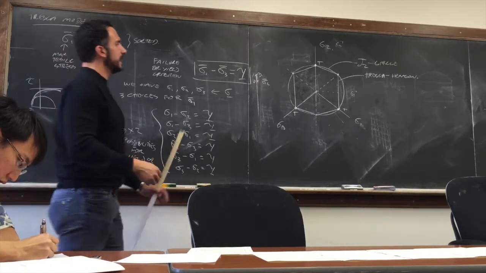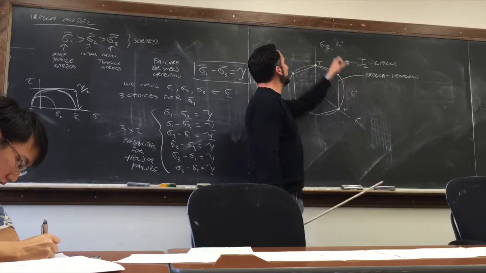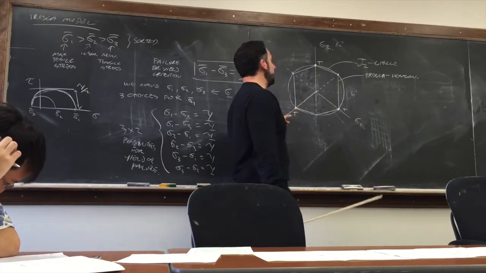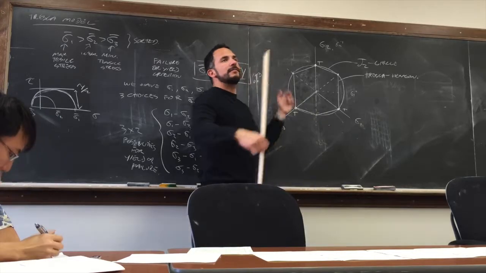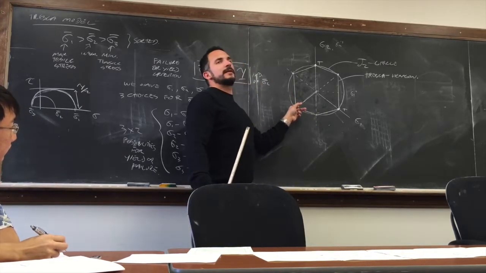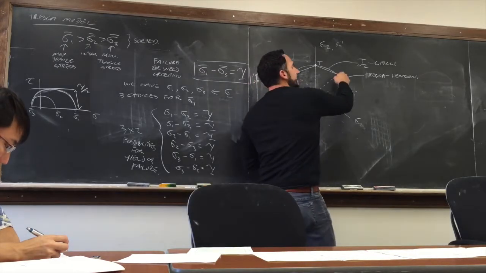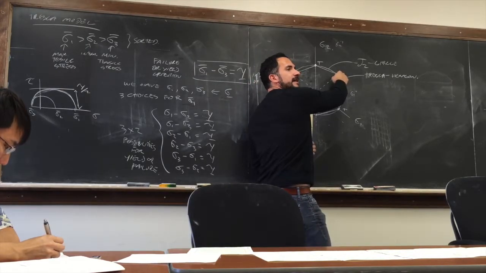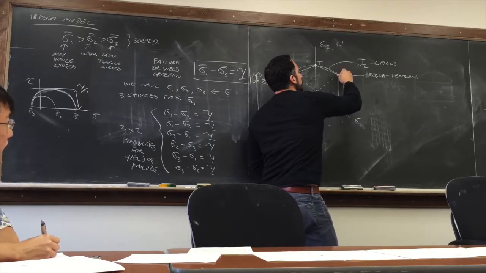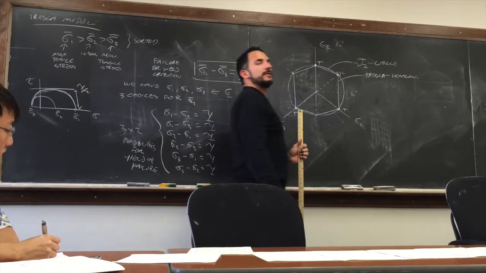Let's say in the absence of sigma 1 and sigma 2, if we had a value of sigma 3 being 3 pascals here, that would be a tensile corner, as opposed to its negative side, which we are going to call a compressive corner.